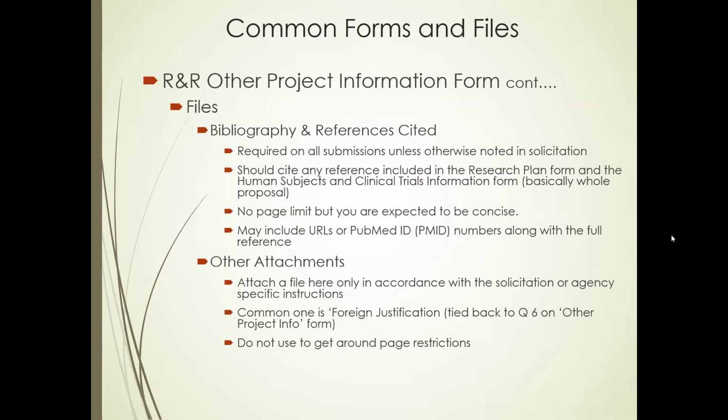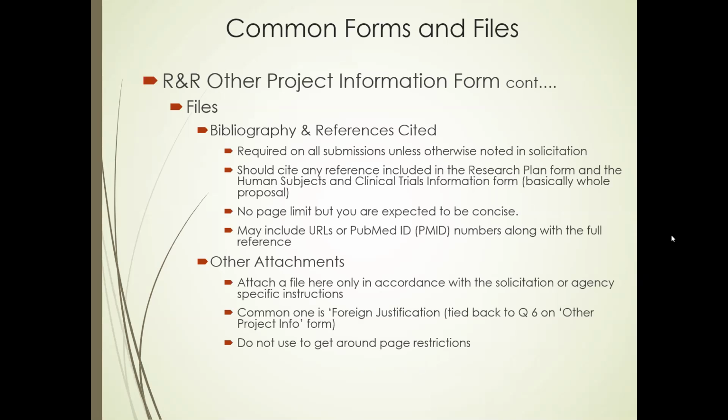You can include URLs or PubMed ID numbers along with your full references. And basically you should include any reference that you have used in the research plan or human subjects and clinical trials information, basically anything in the proposal where you're citing information, you want to go back and reference it in your bibliography.